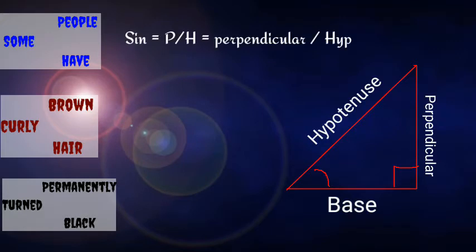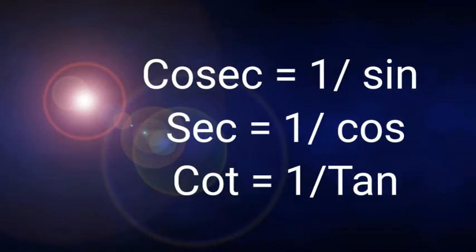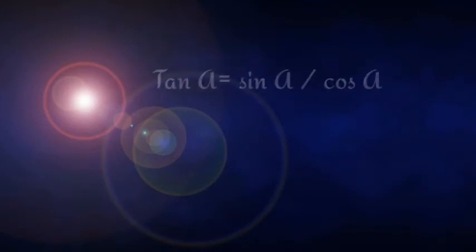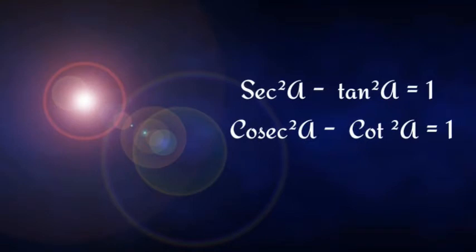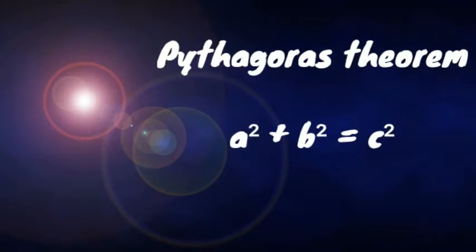Sin is P over H, cosine is B over H, tangent is P over B. Cosecant, secant, cotangent, reciprocal of sine, cos, and tangent. Tan is sine over cos, cot is cos over sine. Sine square A plus cos square A is 1. Sec square A minus tan square A, cosec square A minus cot square A, both value is 1. These are derived from Pythagoras theorem.